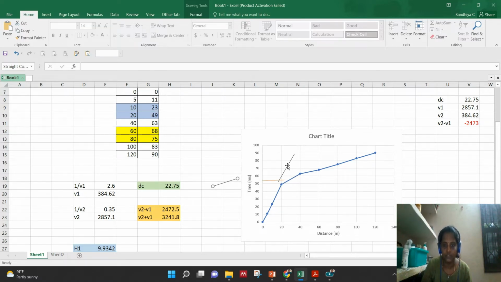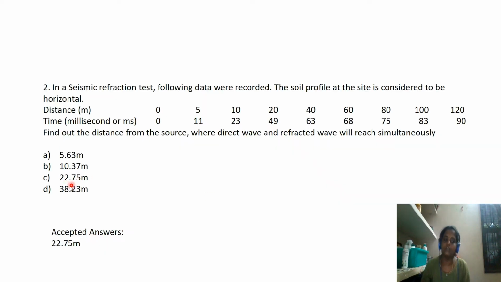Once you get the graph, you have to draw these tangent lines. Whatever you plot, your value is going to be between 20 and 40. From the options, the only value between 20 and 40 is C.